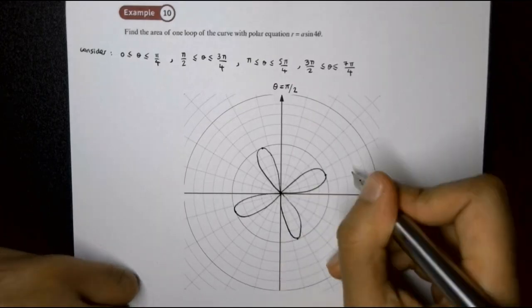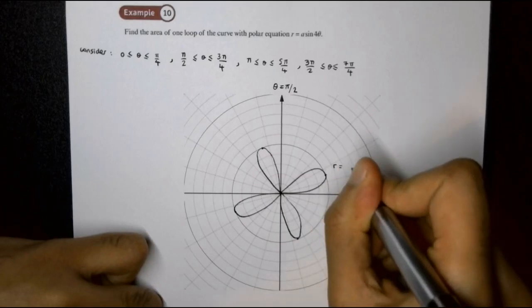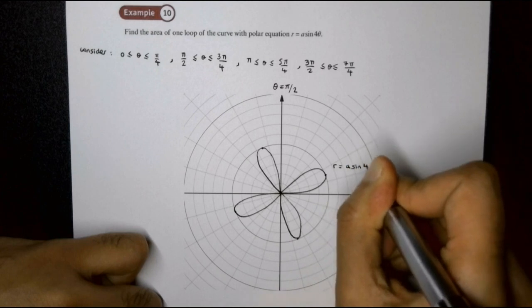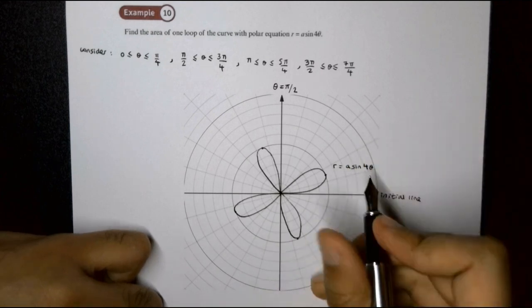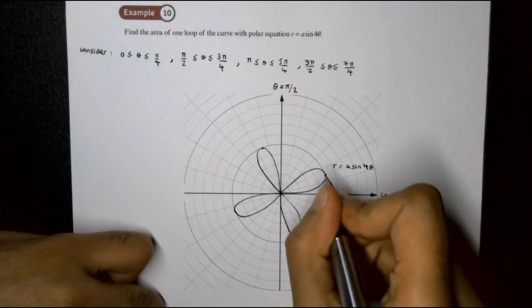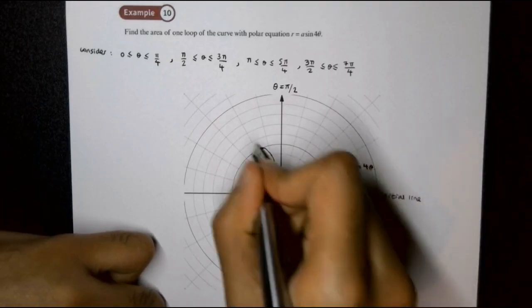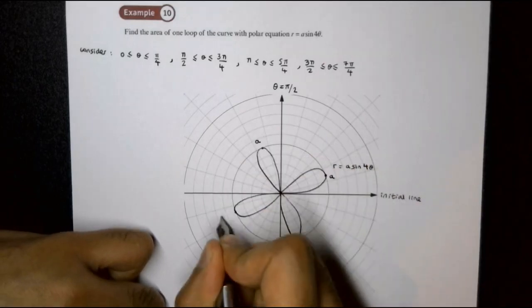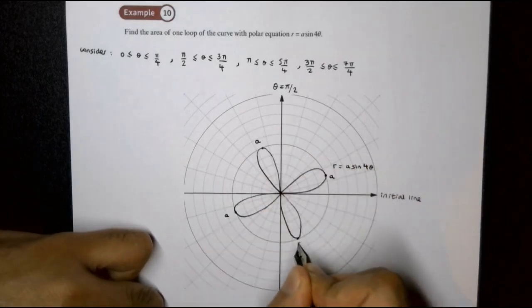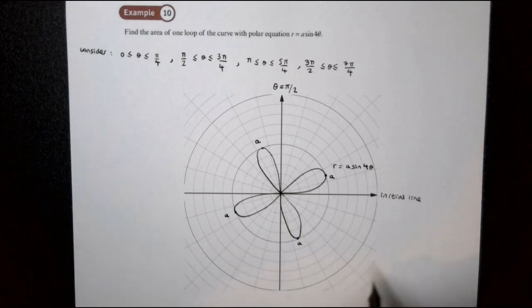Okay, so this is r equals a lots of sine of 4 theta. And over here, we've got a value of a. Here we've got a. Here we've also got a. And here we've also got a. And what we need to do in this question is find the area of one loop. Okay, so in terms of the area we want, let's just shade it in.